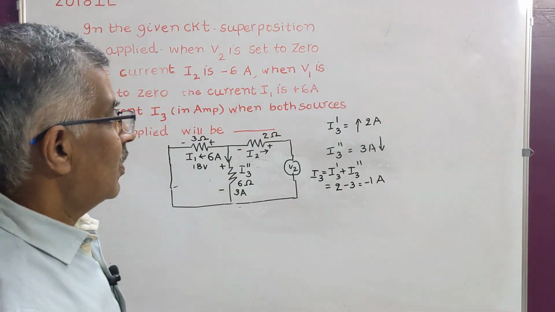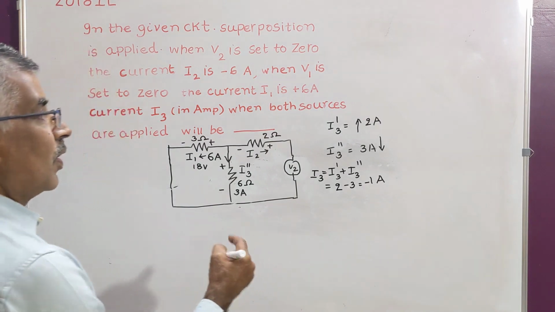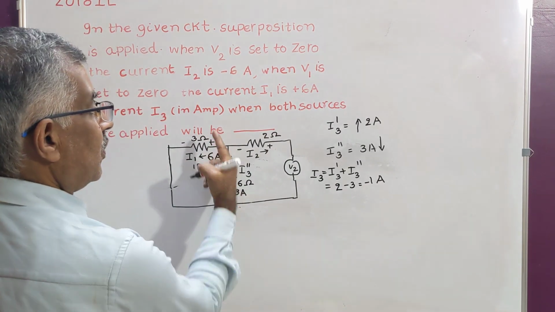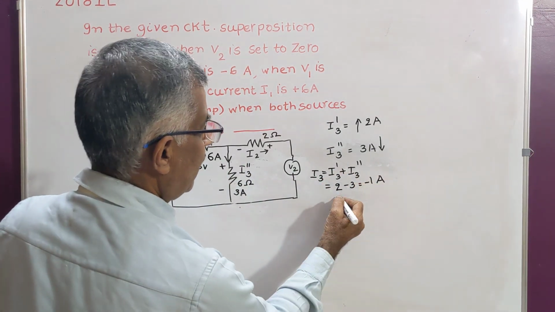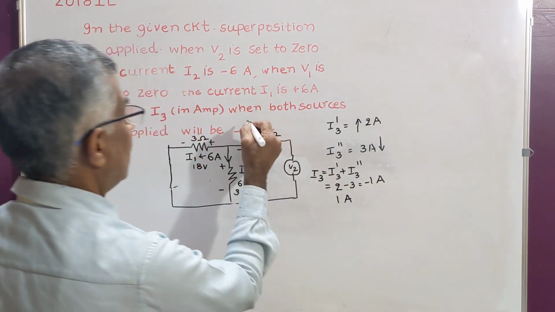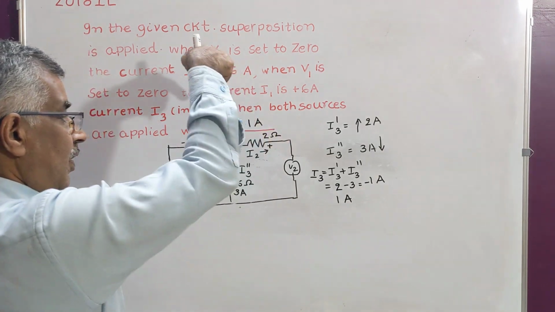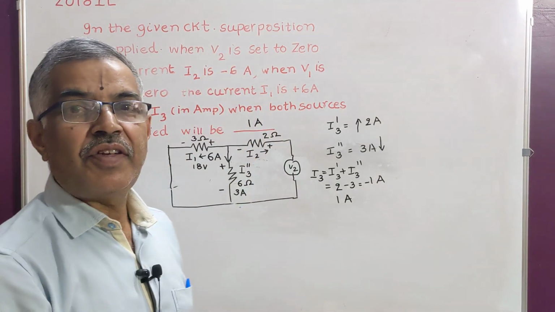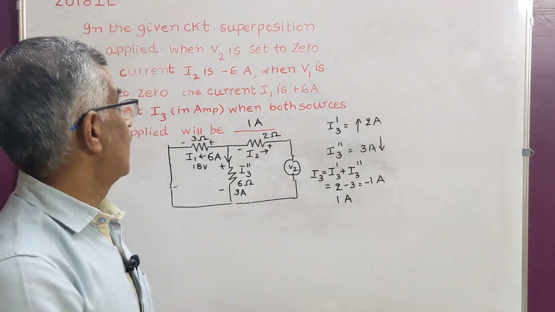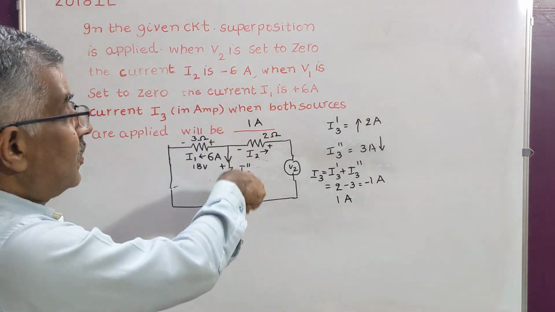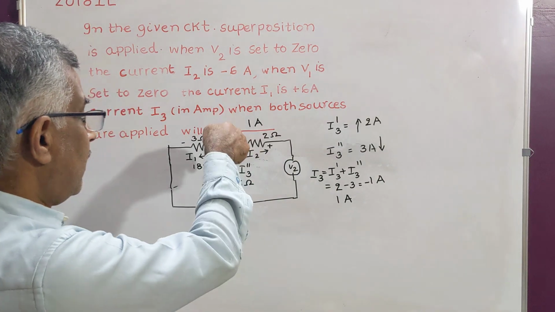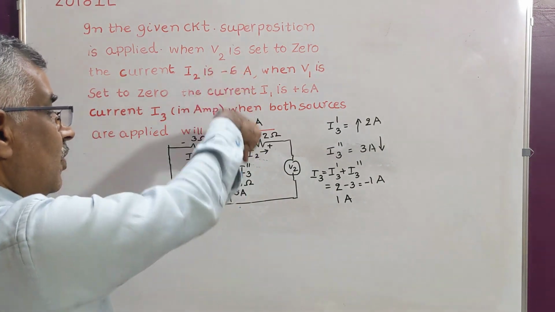That means 2 amperes in the upward direction, 3 amperes in the downward direction, or you forget about the minus sign. So the answer is 1 ampere, and it is flowing like this. Because it is marked I3, the I3 direction is always downwards, as it is marked in the problem. Therefore, the answer is 1 ampere.